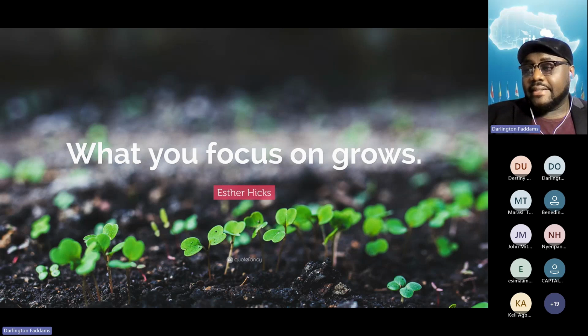What you focus on grows. So today, it may be young, it may be small, but let's focus on it. Let's build our knowledge and skills in this field. Let's plant the seeds of AI and machine learning.